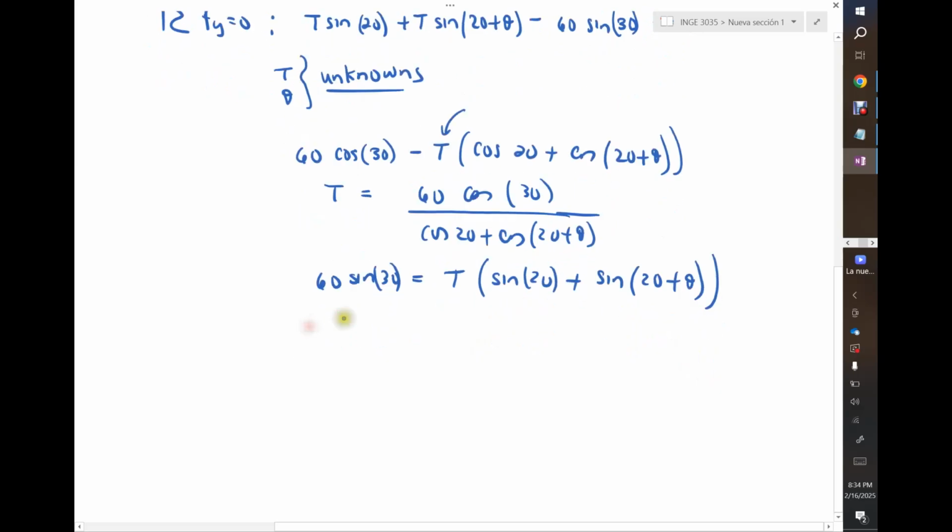And now solving for t, that equation is going to be 60 sine of 30 divided by sine of 20 plus sine of 20 plus theta. So that will work out okay.